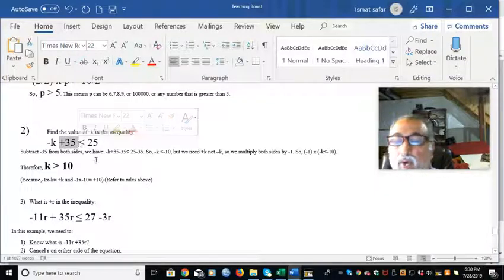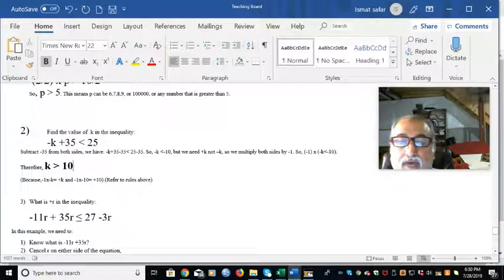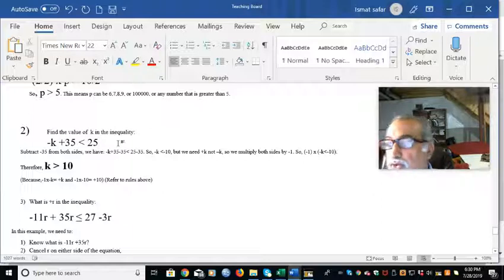Let's subtract 35 from both sides. Why 35? We cannot subtract 25 because if we subtract 25 we will have 0 here, and we don't want to do that because it is much more complicated. So we use 35 in order to get rid of this 35 from this side of the equation.